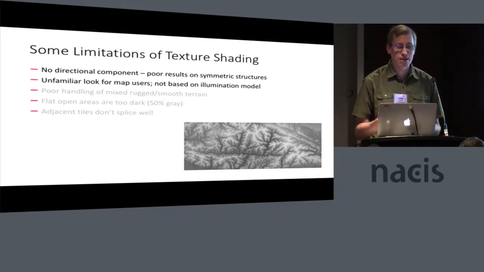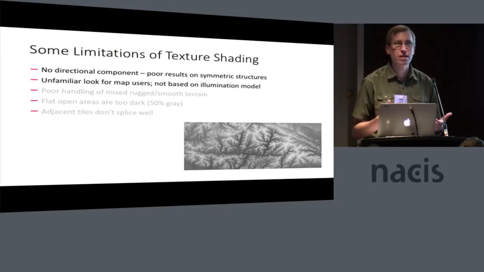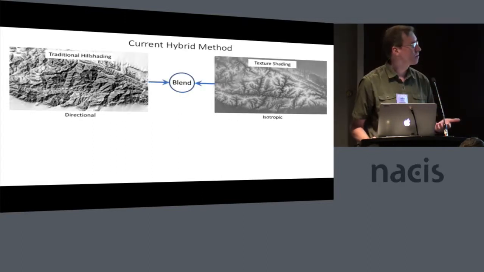So in the case of texture shading with the missing directional component, for certain types of terrain it doesn't look very nice. And likewise, there are other cases where adding this isotropic component really benefits. So what people have typically done in using texture shading is to combine it with a traditional shaded relief, taking the two images and blending them together, say, with a transparency effect.